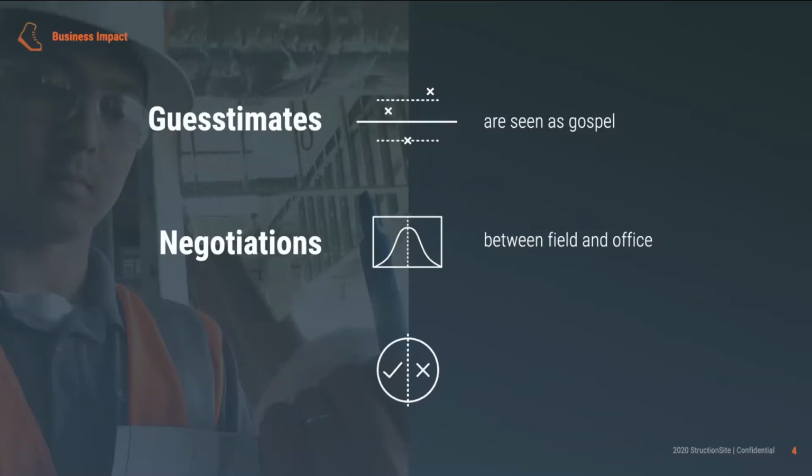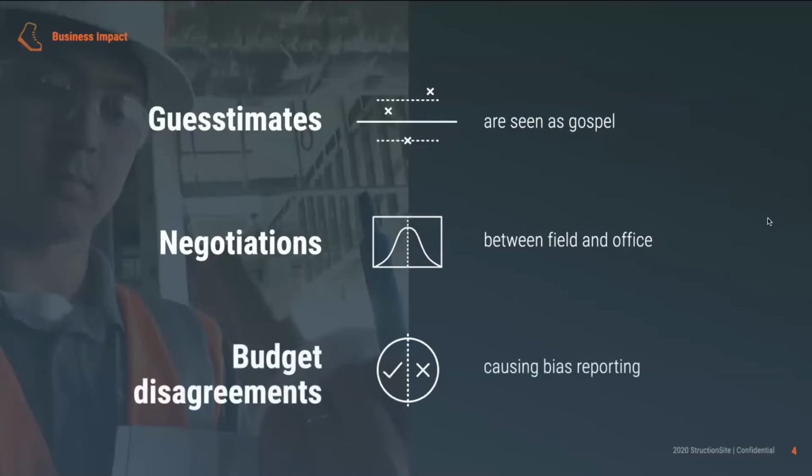And I think having the imagery to go with the production tracking is where you're able to kind of remove the negotiation and actually have a common language in speaking about work that has been put in place. And the last thing is budget disagreements. This is caused by biases in reporting. And instead of having someone who is experiencing the problems of the job doing the reporting, you have it done by an unbiased third party.